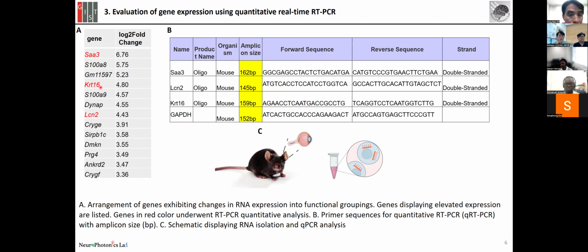Okay. Maybe for Afzal and maybe Professor O: these are coming from the RNA sequencing data set, choosing the genes of interest and confirming with PCR that these genes are indeed overexpressed.